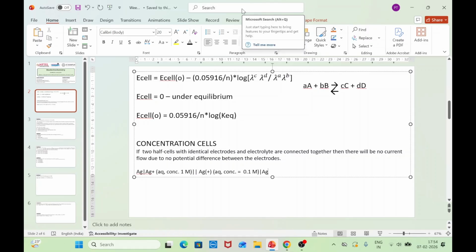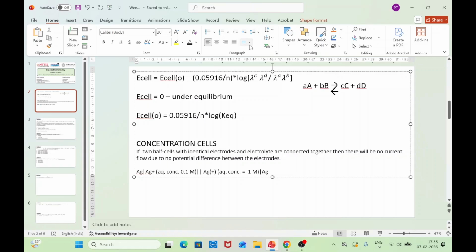Okay, just a second. This should be 0.1 and this should be 1. I'm sorry, there's a change here.